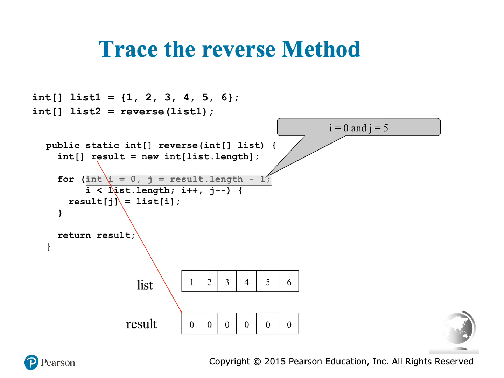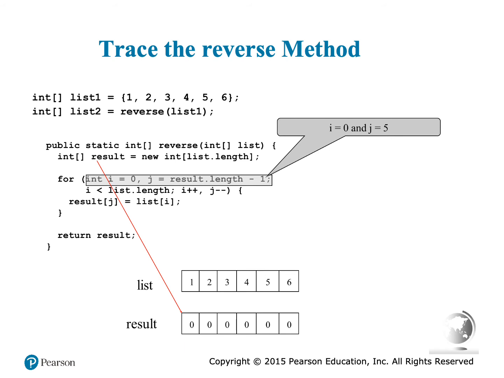A for loop is used to iterate through the indices of both list and result simultaneously. Two variables are declared in the initial action of the for loop. I has an initial value of 0 and will be used as the index of list. J has an initial value of result.length minus 1, that is the index of the last element in result, and will be used as the index of result.